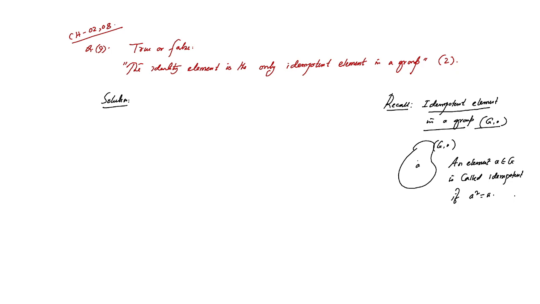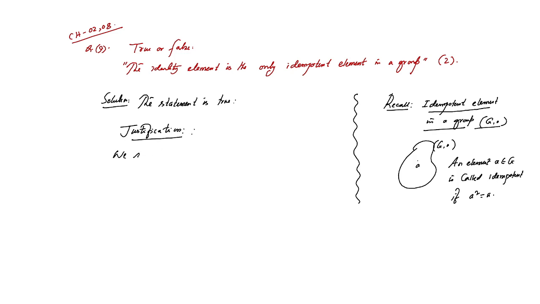Okay. So now we come to the solution. Yes, the statement is true. That means in a group, the identity element is an idempotent element. Okay. So we need justification for why the statement is true.